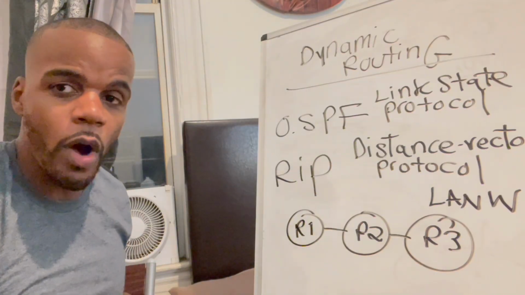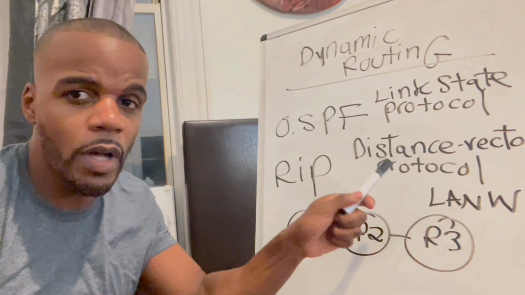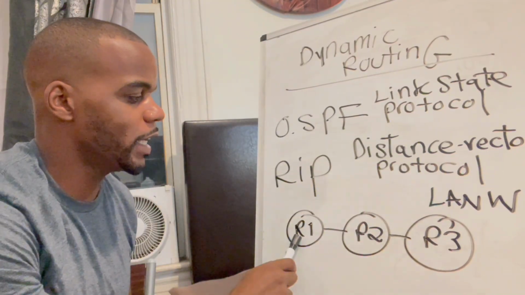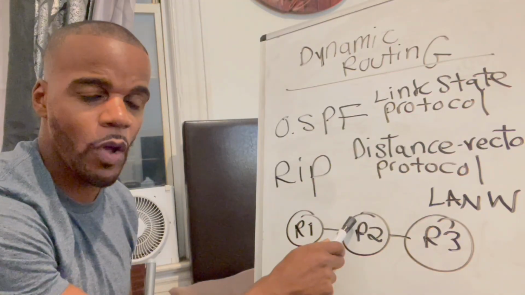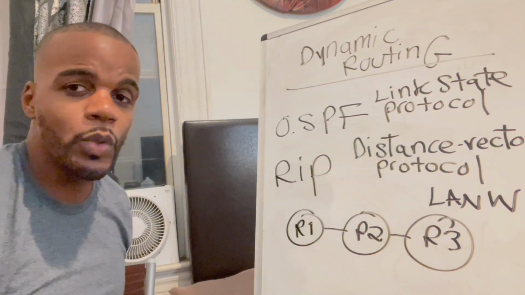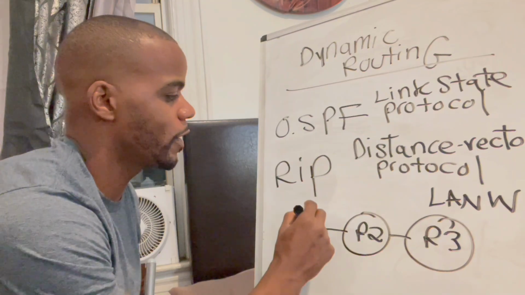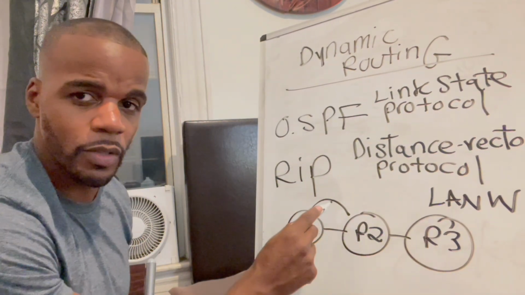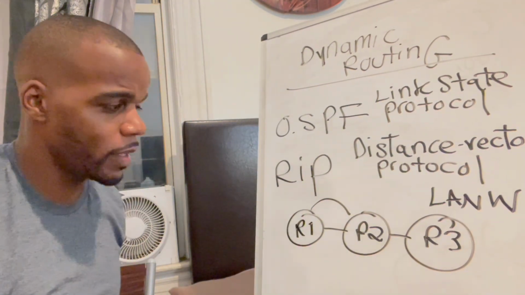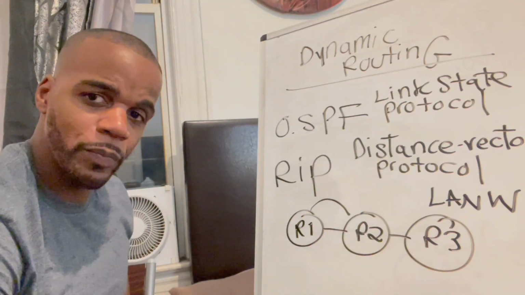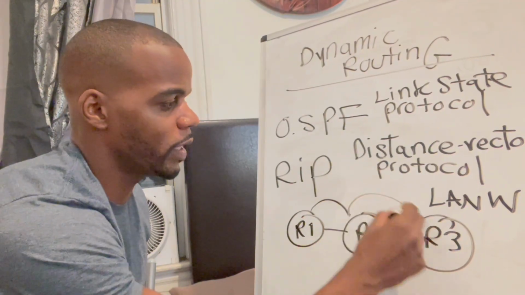So what distance vector does is that it asks router 2, can you send this information to the next router? And router 2 does the same thing with router 3.